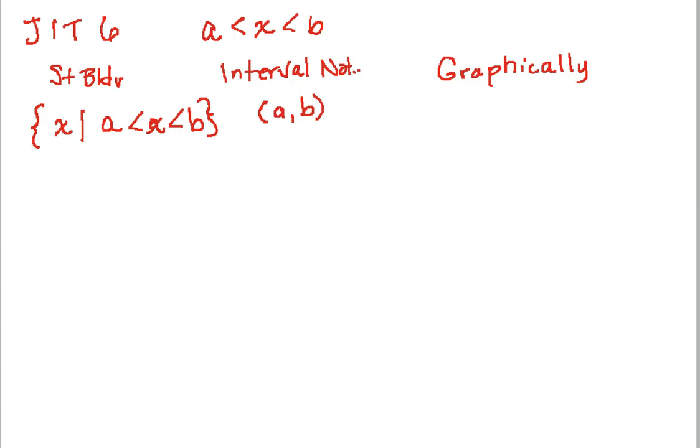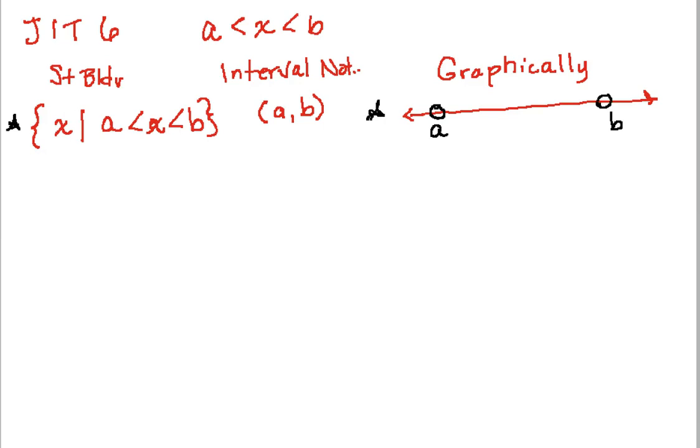All right, and here's the set builder graph. I'm going to change this up so I have a different color here. I'm going to have my A and my B, and this normally goes with the set builder. Here I'm going to have an open dot, and an open dot here.